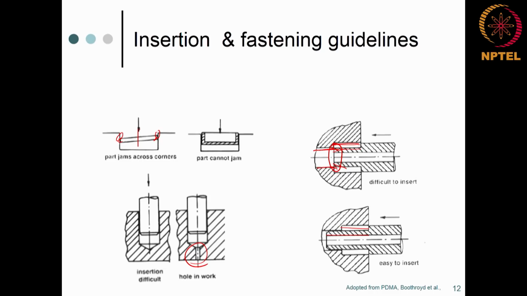But from an assembly perspective, you need this guy to be longer. So this second level hole should be longer. That oftentimes you will be able to do. Then you will not have this issue. Because it will get inserted first, and then you keep driving it, then automatically this part will get fastened.